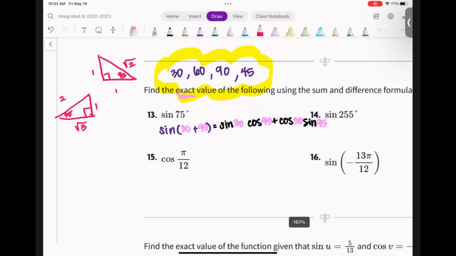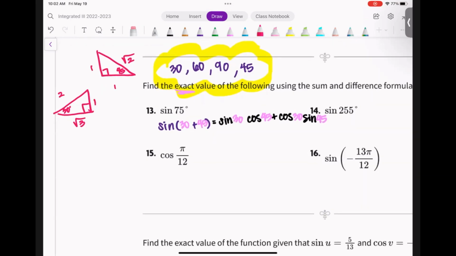Okay, so sine of 30 is opposite over hypotenuse, so this is 1/2, times cosine of 45 is 1 over root 2, plus cosine of 30 is root 3 over 2, sine of 45 is 1 over root 2.